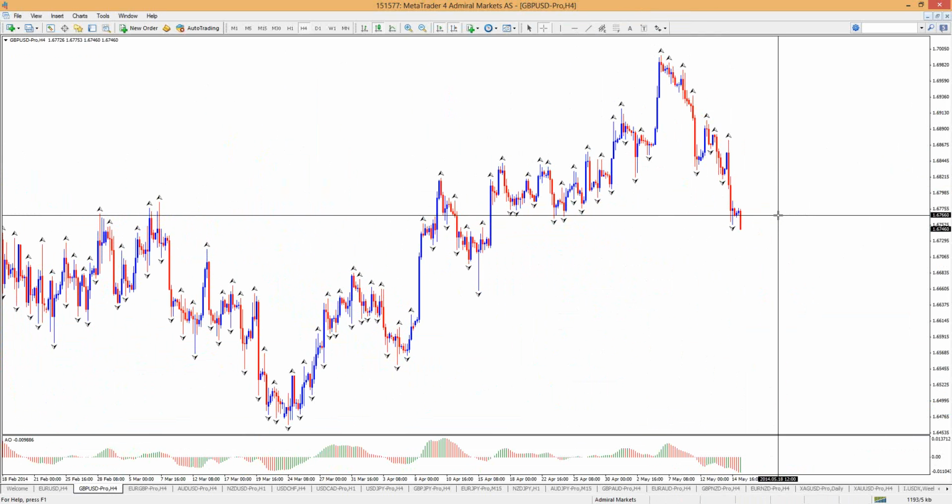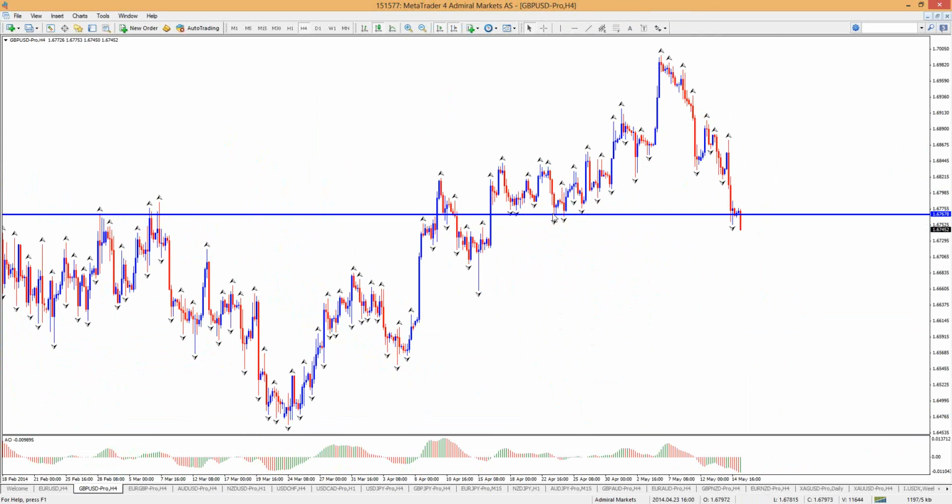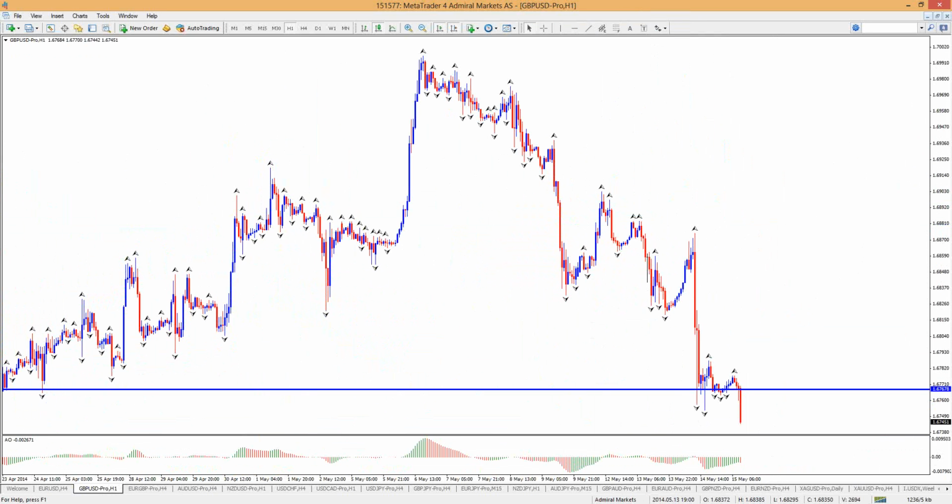And this is breaking through that horizontal support that we had here. So the GU looking maybe a bit more bearish than the Euro at the moment. However, there's the same story about having a bit of divergence between these bottoms, but that sometimes doesn't stop a pair from making a lot of falls before it makes a bigger correction.